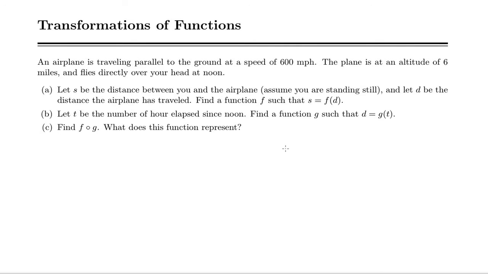We've got an airplane traveling parallel to the ground and flies directly over your head. So let's just sketch really quick what's going on. So we are standing and we've got an airplane that flies directly over our head.